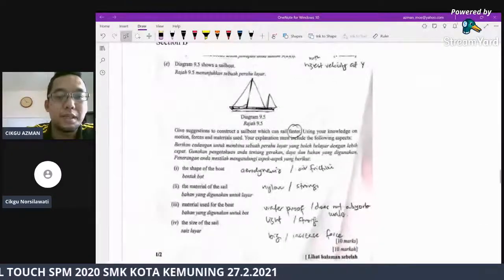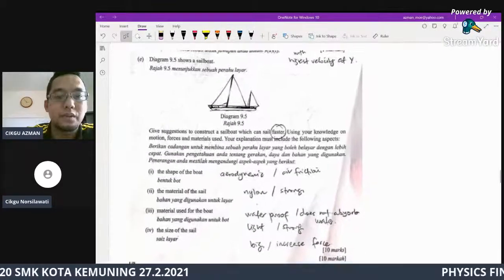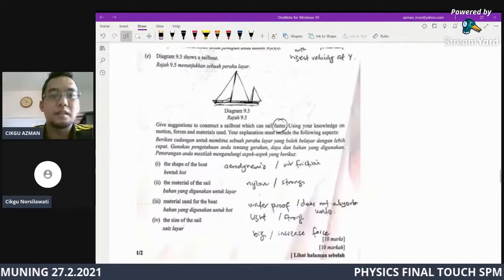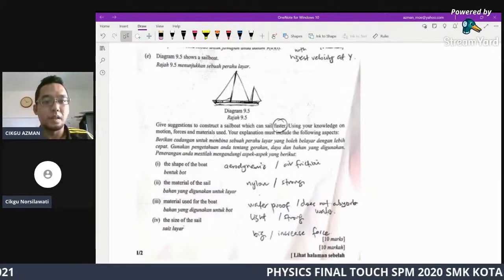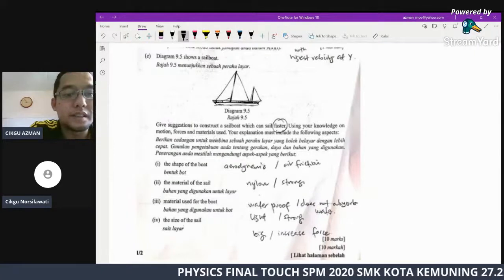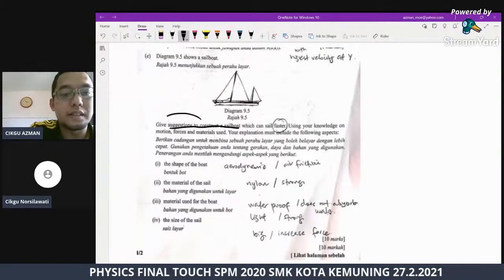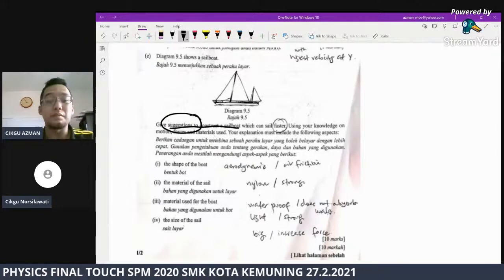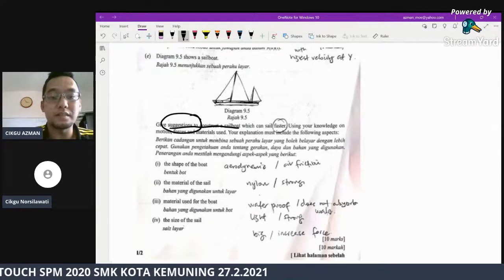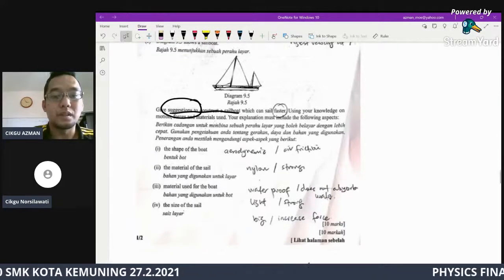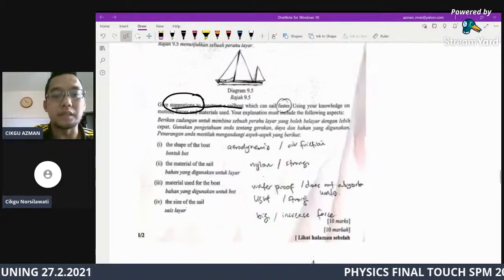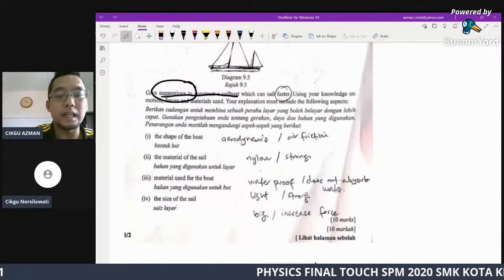Okay, for section B. Ni pun penting. For section B bukan section C. Section B, give suggestion to construct. Okay, suggestion and modification question section B. Okay, so ini paper trial dah itu. Nah, cikgu nak highlightkan dekat sini.